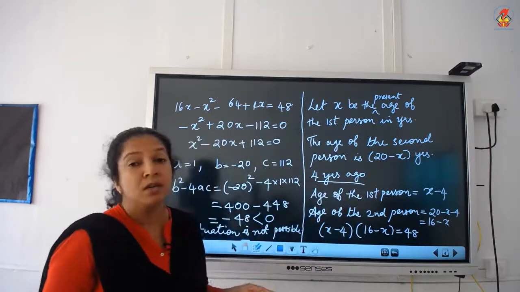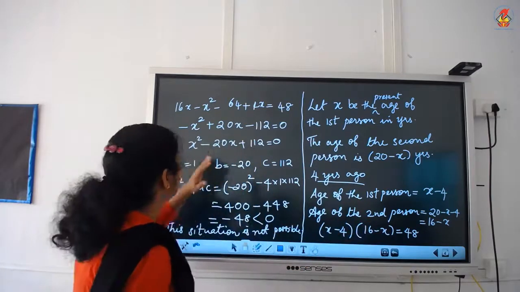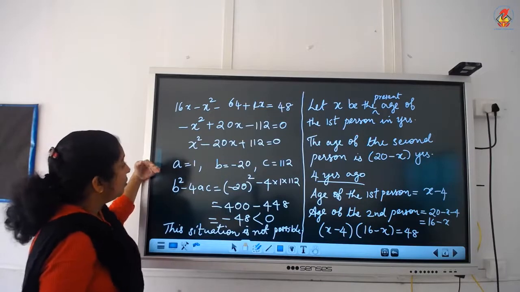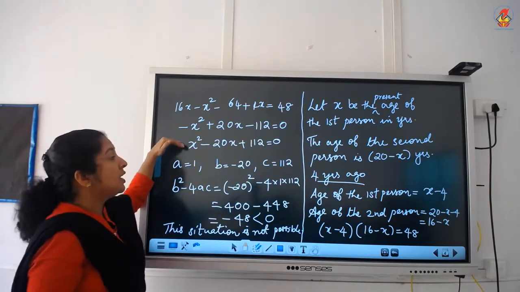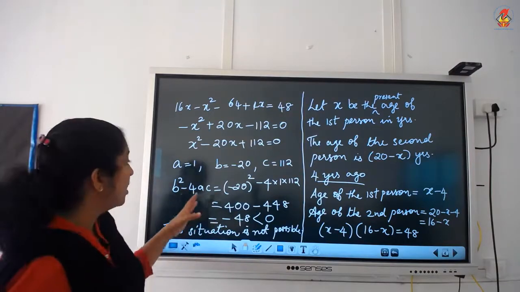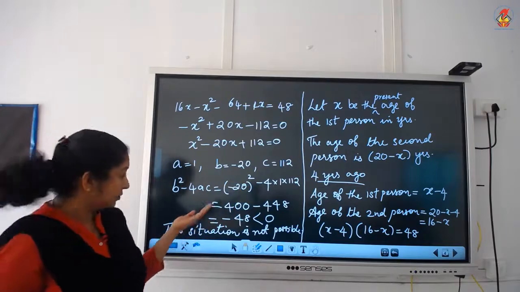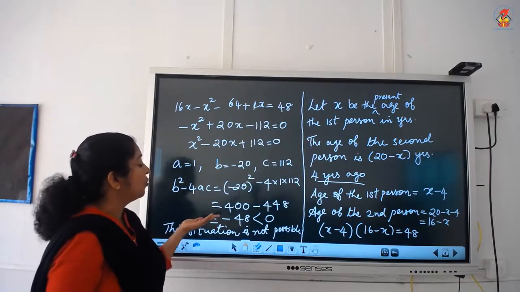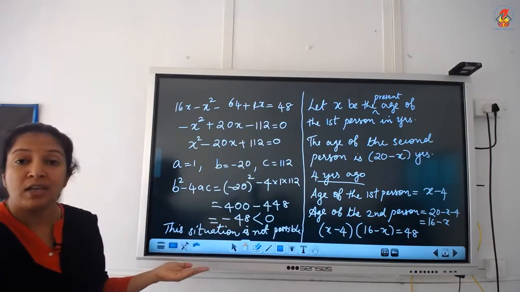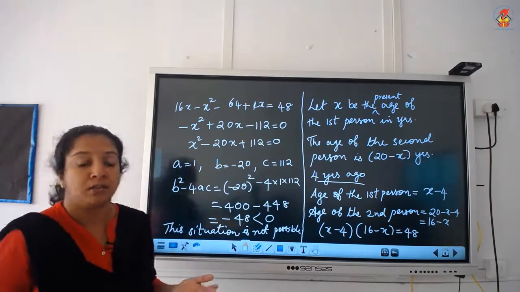So it has become 16 minus x and product of these two is 48. So finally what we got is x square minus 20x plus 112 equal to 0. So from here we can identify the values of a, b and c. After that we have taken b square minus 4ac, we got this as minus 48 which is less than 0. So the situation is not possible.